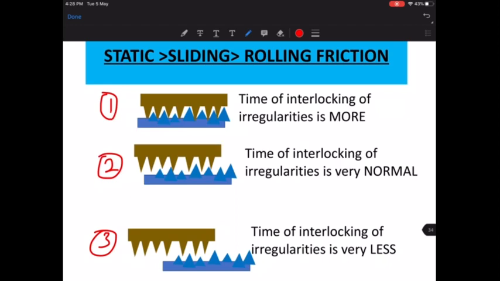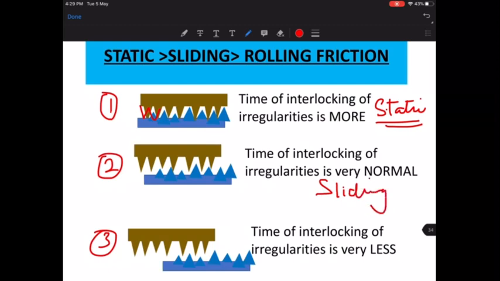The first case is what is known as static friction. Now look what happens in static friction. The interlockings are perfectly interlocked into each other. They are not moving right now. To move it, we have to apply some force. Fine. Next, look at this. The second one is called sliding friction.